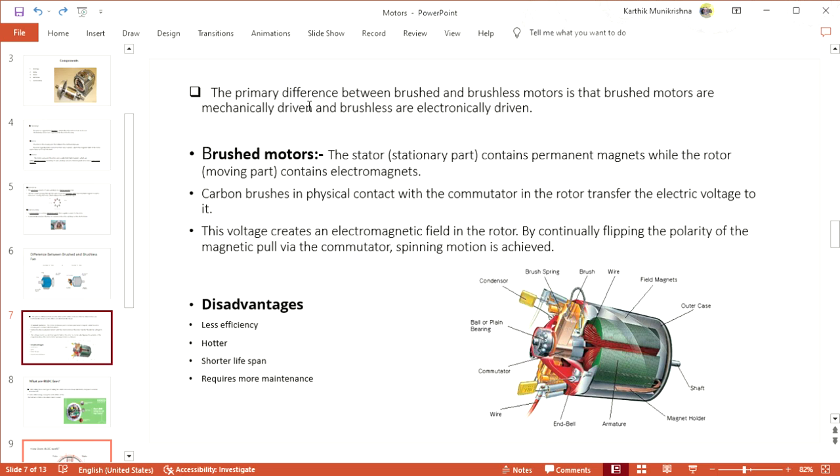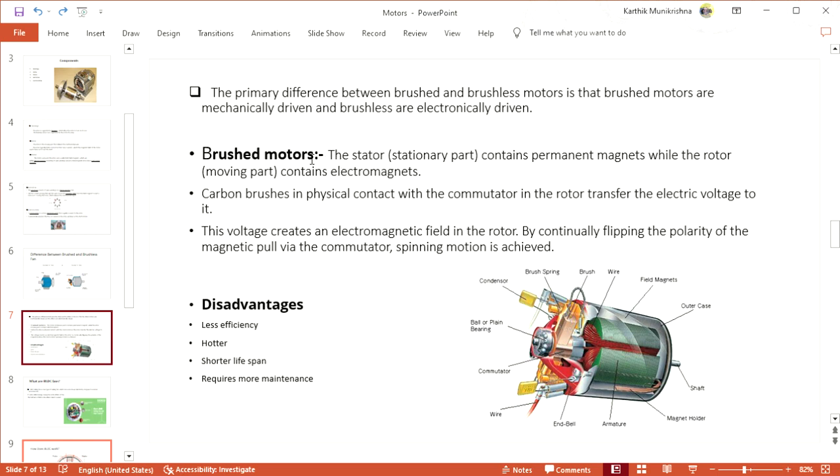The main difference between the brushed and brushless motor is that the brushed motor is driven mechanically and brushless is an electronic device. Because of the electronic system we are using the brushless motor fan, and in the brushed motor fan we are using mechanical energy.